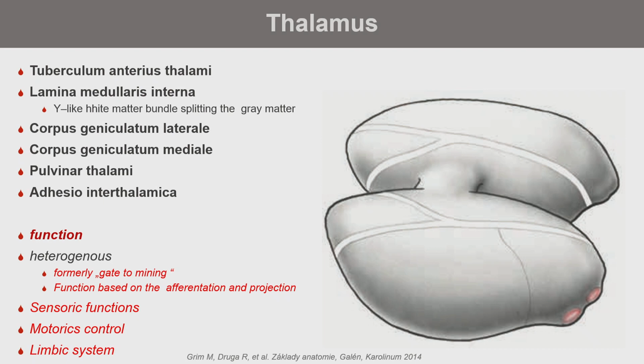So thalamus is mainly formed by the gray matter, and on the anterior pole we have an anterior tubercle, tuberculum anterius thalami, and dorsally we can distinguish the part which is called pulvinar.